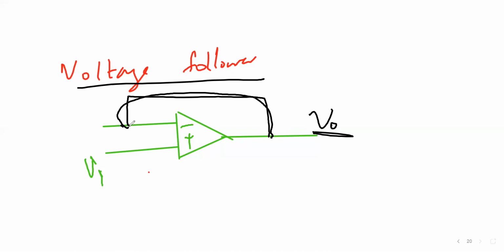That is my voltage follower. The wire from the output only, I'm giving as an input. Now this is plus. So what kind of amplifier is this, inverting or non-inverting? Non-inverting. Very good, because the input voltage Vi is at the plus terminal.